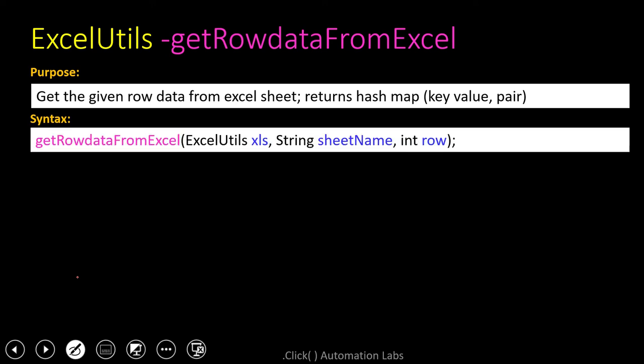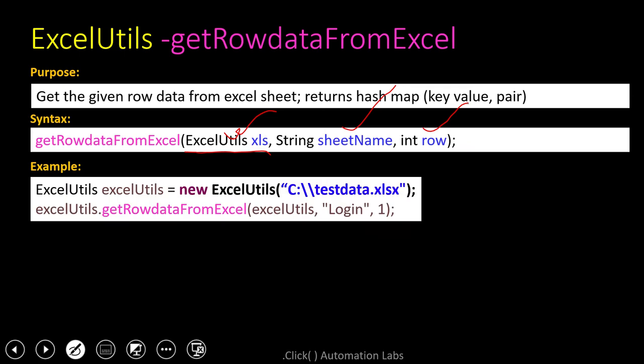Let's look at the syntax. Get row data from Excel, and you need to pass the Excel utilities object. Note this point. You need to mention the sheet name and from which row you want to retrieve. 0 means it will retrieve the data from the first row; sorry, 1, 2, 3, 4, 5 like that.